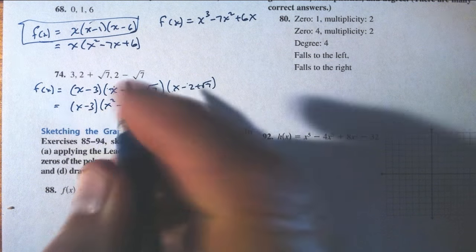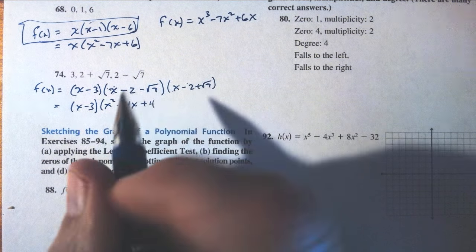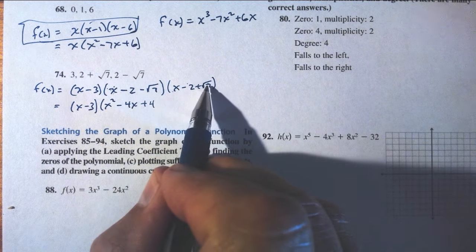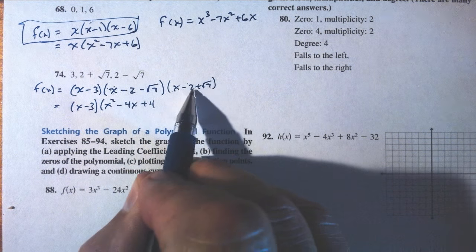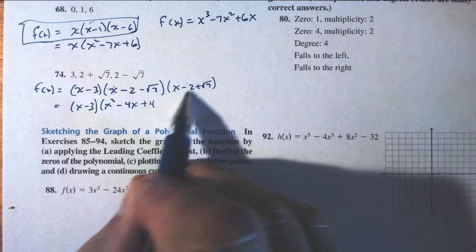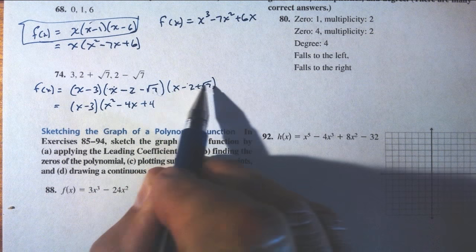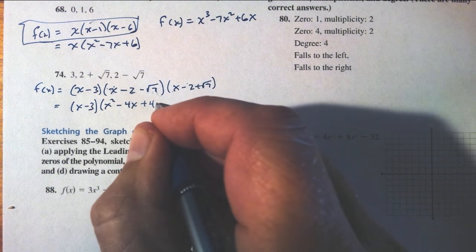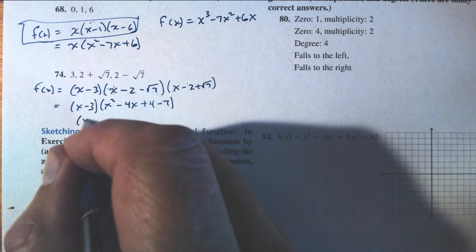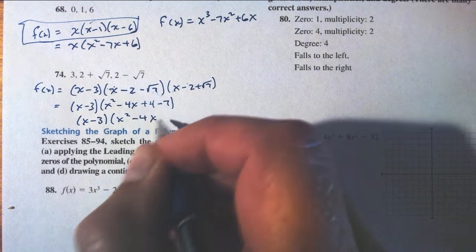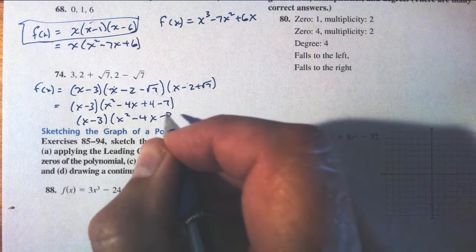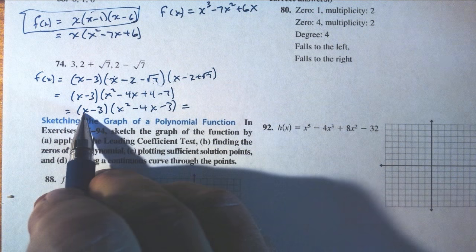Integer times integer, that's plus 4. Integer times non-integer, this would be minus 2 root 7, but take a look. Here's plus 2 root 7, and all I'm left with is minus root 7 times plus root 7, that's minus 7. So I get x minus 3 times x squared minus 4x minus 3, and I'm going to superfoil that. Where do I get x cubes? Just here.